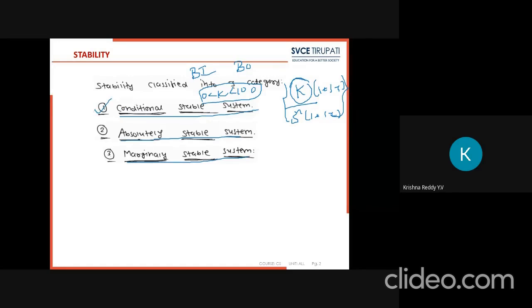The system is stable for a certain range of its system gain. Absolutely stable system means the system is stable for any value of K.